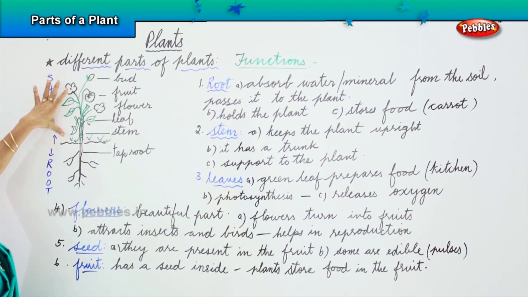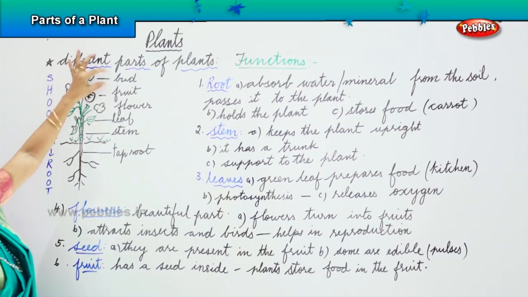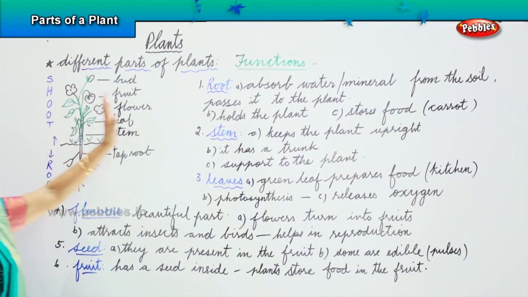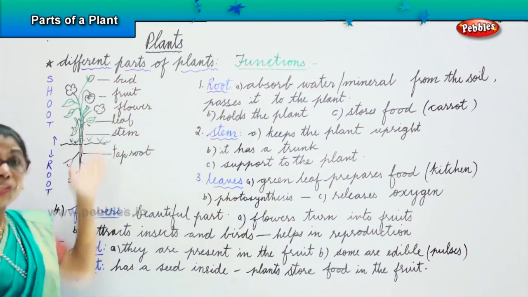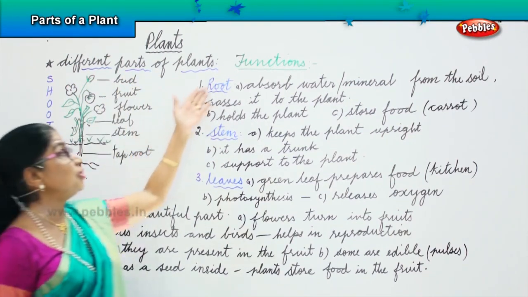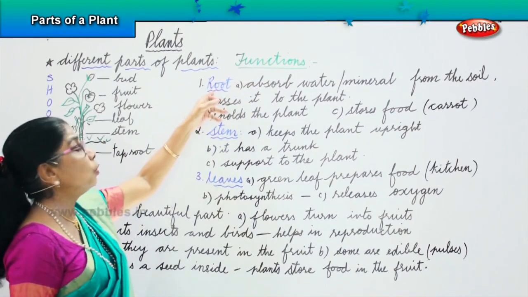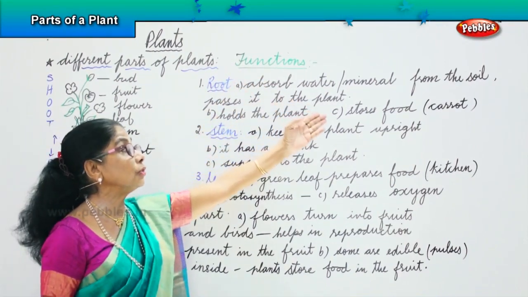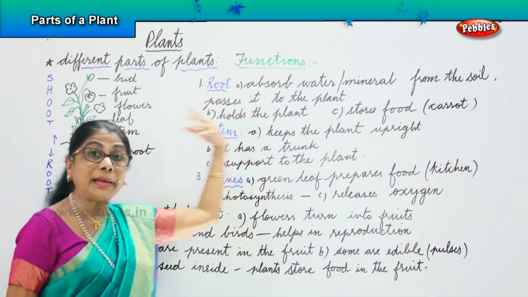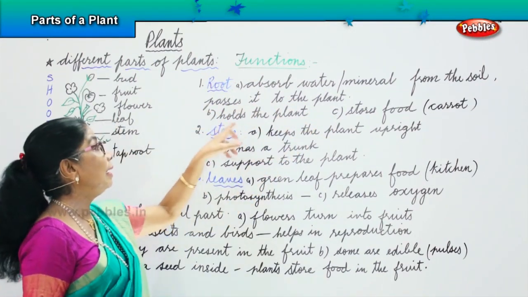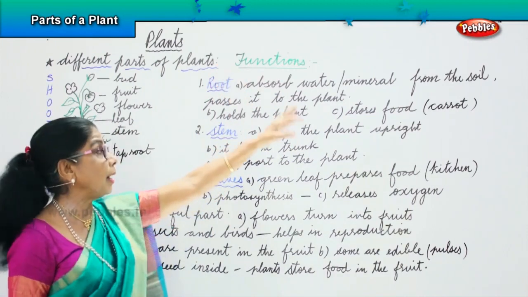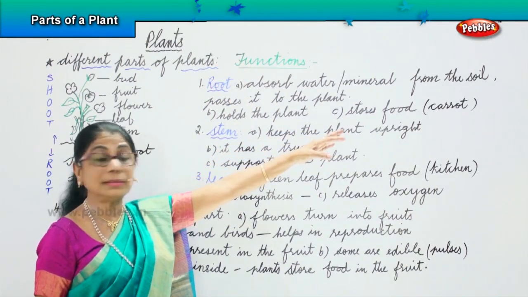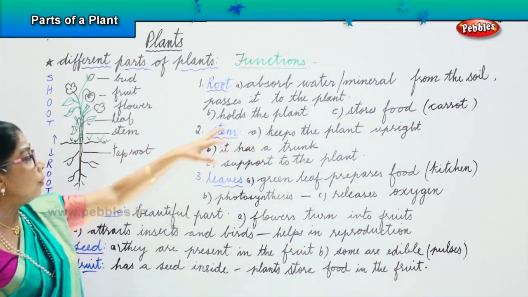The top part is called the shoot, which contains bud, fruit, flower, leaf, stem, branches and all that. Now, each of these parts has functions. Let's look at them. Root, what is the function of the root? Root absorbs water and mineral salt from the soil and passes it on to the plant. Next, it holds the plant upright. Finally, it stores food, like carrot. This is stored in the root.